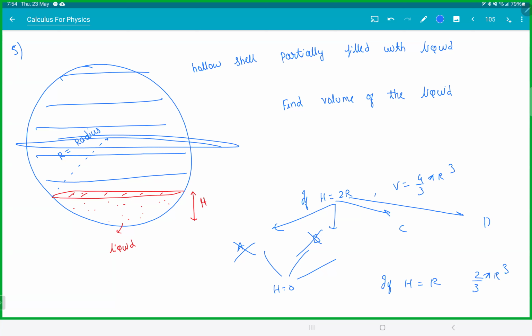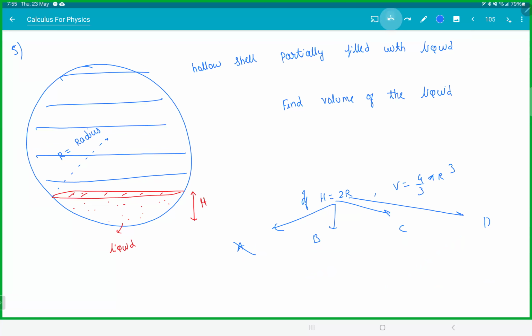Means in your options, if you keep h is equal to r, I should get 2 by 3 pi r cube. Is this making sense? This way, you'll be able to eliminate at least 2 to 3 options. If you're lucky, you can eliminate 3 options. So whatever is left is the answer. Are you getting this? So whenever you guess, you try to find the wrong ones. You can't find the right one. That's the idea about guessing.